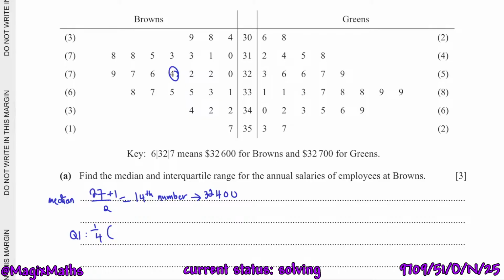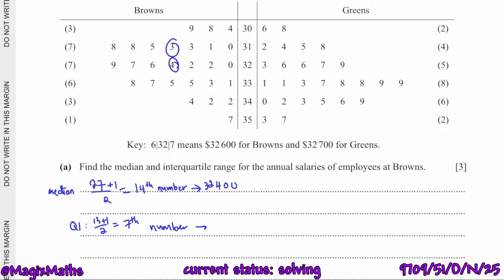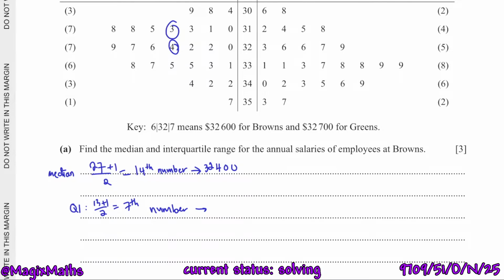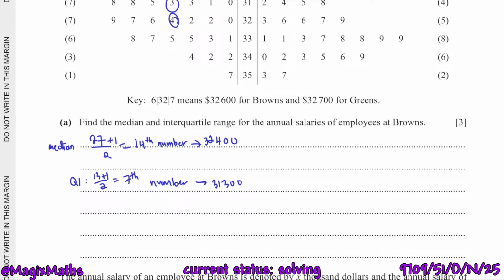So which number is in the middle of 13? So just put 13 plus 1 over 2. That's the 7th number. We have 1, 2, 3, 4, 5, 6, 7. This is our first quartile, 31300. And then similarly, we can find Q3, which is just the seventh number after the median. So 1, 2, 3, 4, 5, 6, 7.